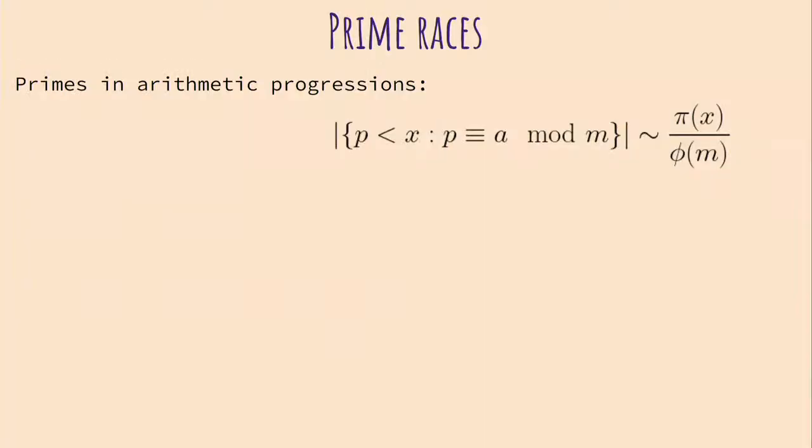What does that mean? If I start with any a and m which are co-prime, then a mod m is an arithmetic progression. The number of primes in this arithmetic progression will be the total number of primes up to x divided by the total number of congruence classes, which is phi of m.